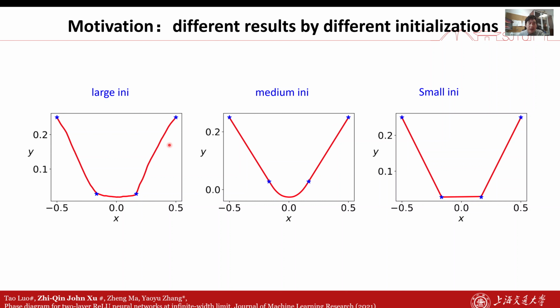We can see the neural networks after training are very different. In the first case, large initialization, the curve is not smooth, with some turbulence. For medium initialization, it's very smooth. And for small initialization, it is very sharp in the transition.